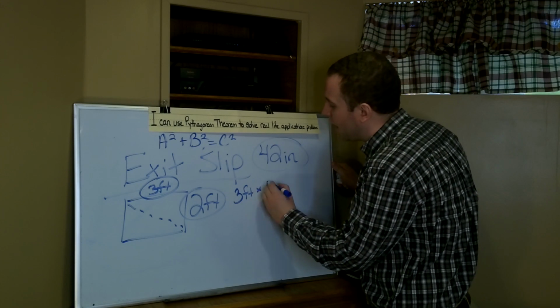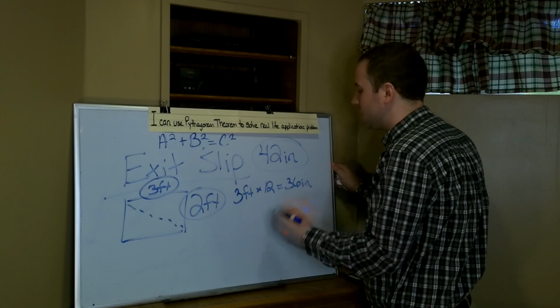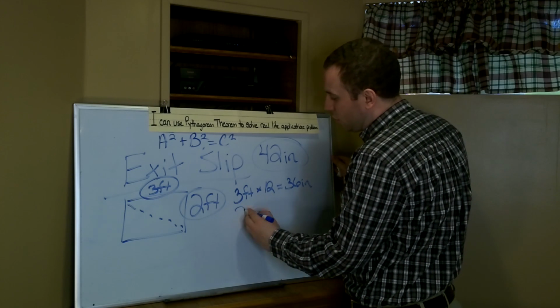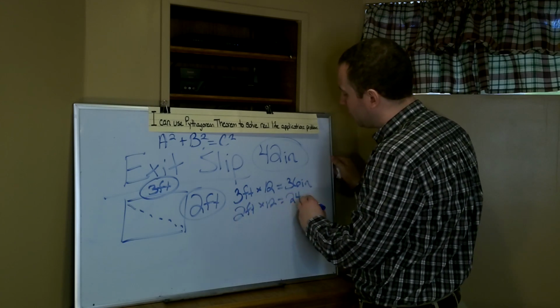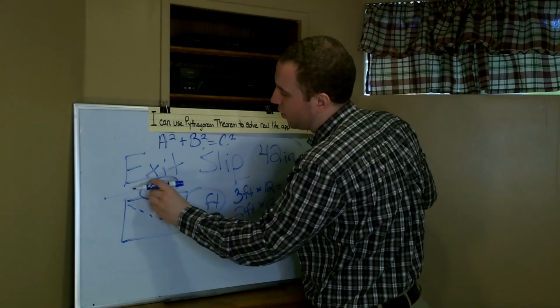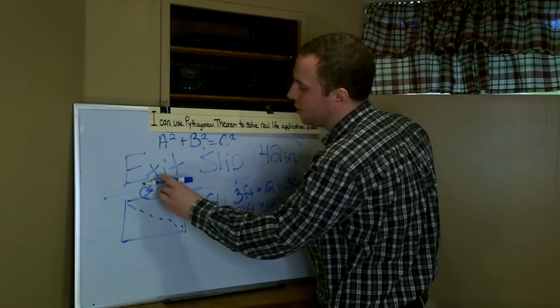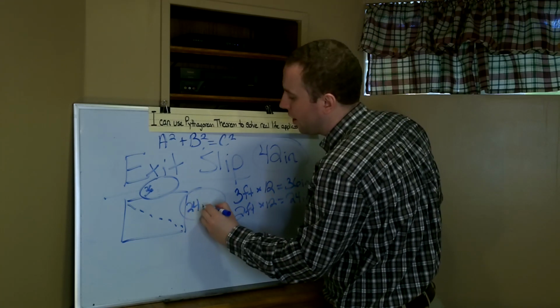So, in multiplying 3 times 12, we get 36 inches. 2 feet, again, times 12 will give me 24 inches. All right, so we've taken 2 feet and 3 feet, and we've created now, so we have 36 inches. And we have 24 inches.